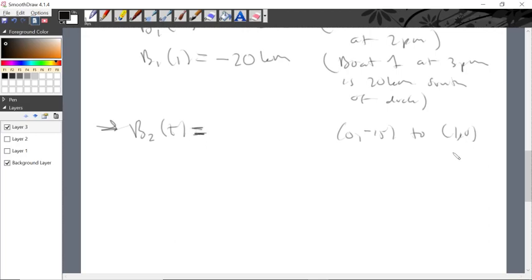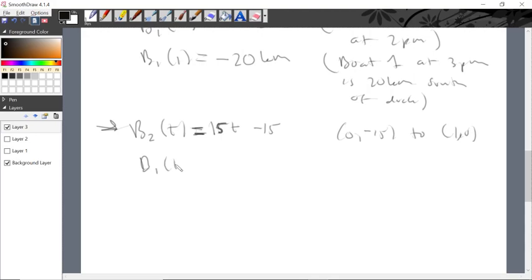The y-intercept is -15, and the slope is y2 minus y1, so that's positive 15, divided by x2 minus x1, which is 1, so 15. So 15t minus 15.